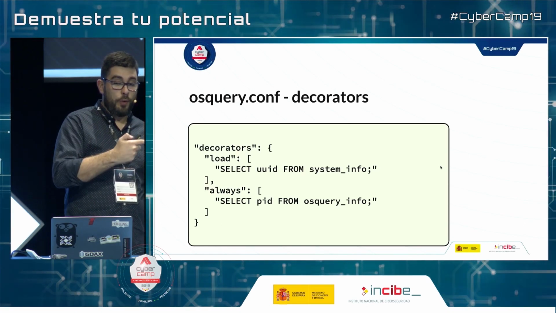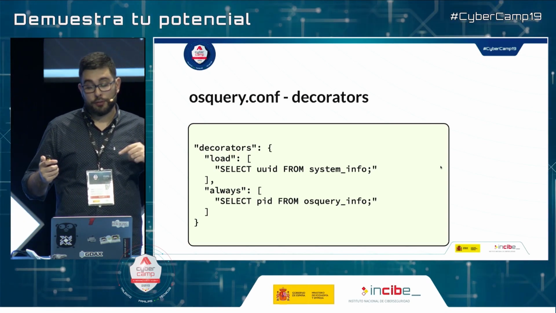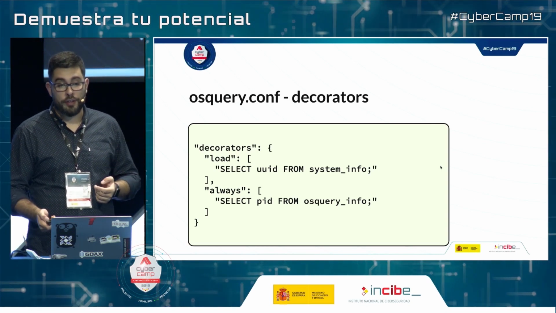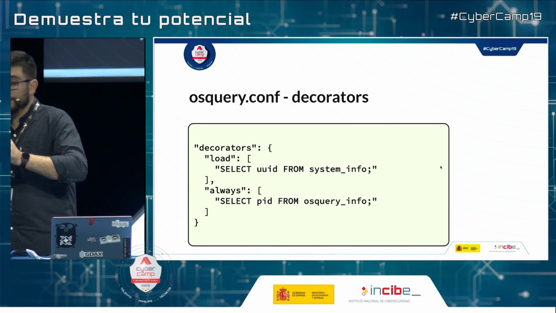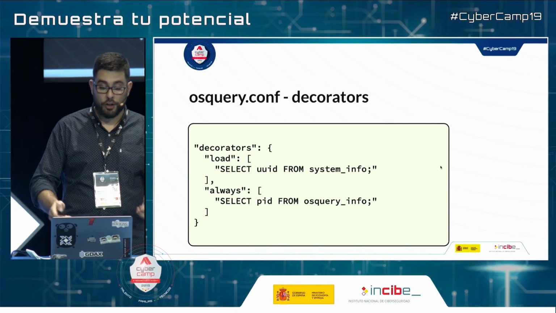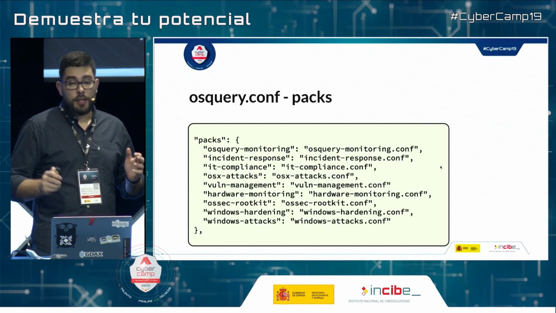So you won't need to run searches to look for the information that the host is sending, but with a decorator you can see that this result comes from this host with a certain ID, etc. And I'm going to show you a few examples later.